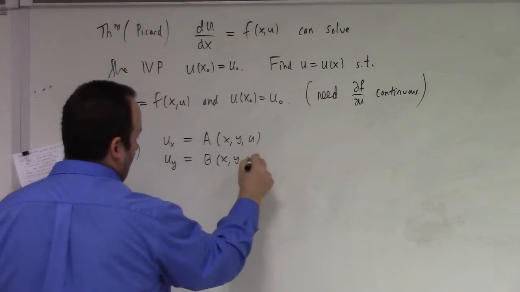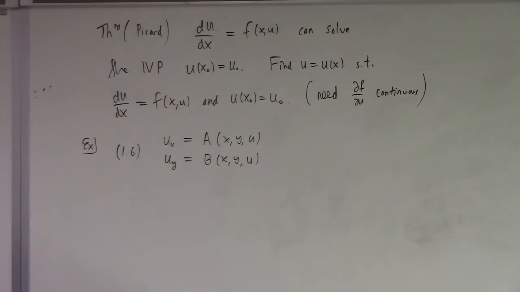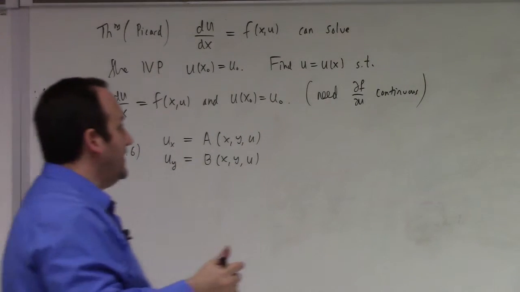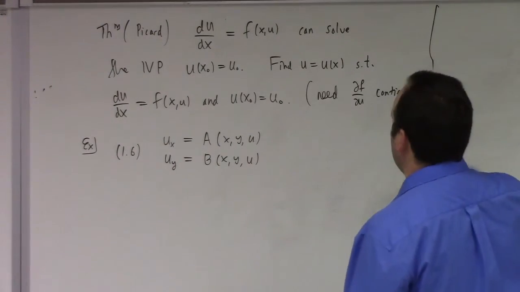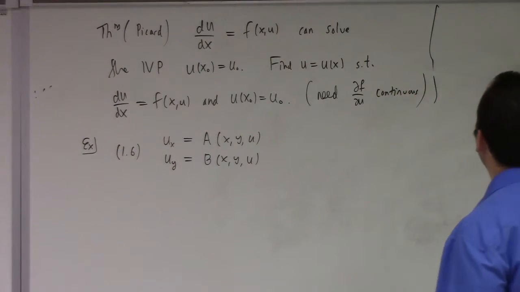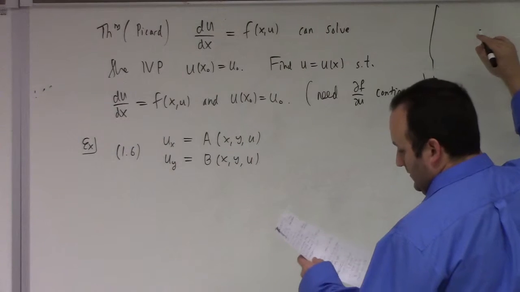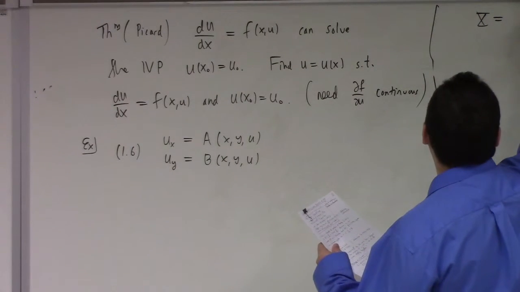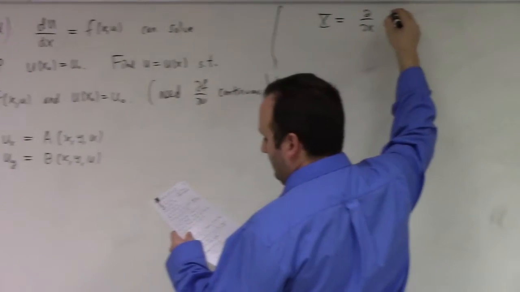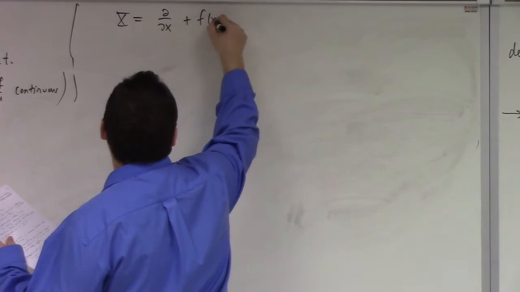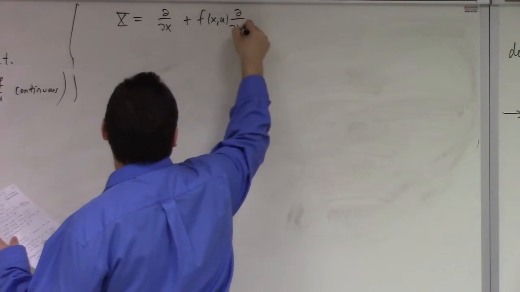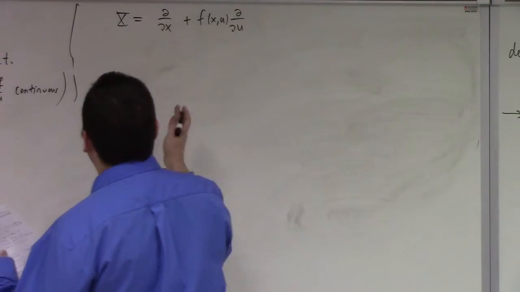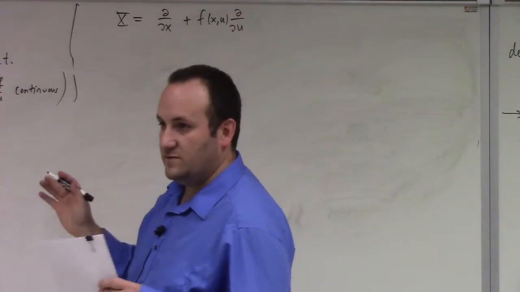So here a and b are given functions that are appropriately differentiable and smooth. Now, if you think about this geometrically, the theorem of Picard basically says that you could think about it in terms of this vector field X. You could think about a vector field X equal to partial x plus f of x comma u partial u. You could think about that vector field in like xu space, right?